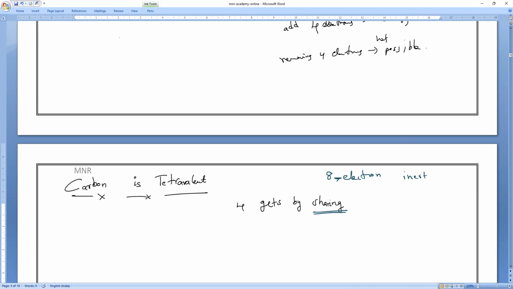Because when can we say an element is stable? When it has how many electrons in its valence shell? 8 electrons. Correct. 8 electrons, inert gas electron arrangement.